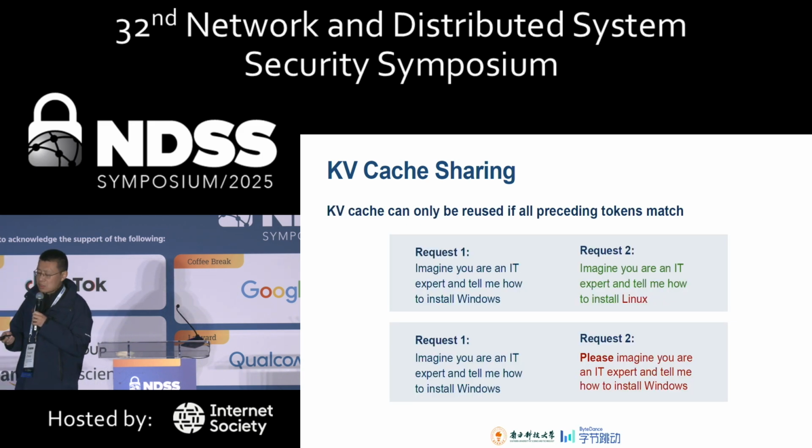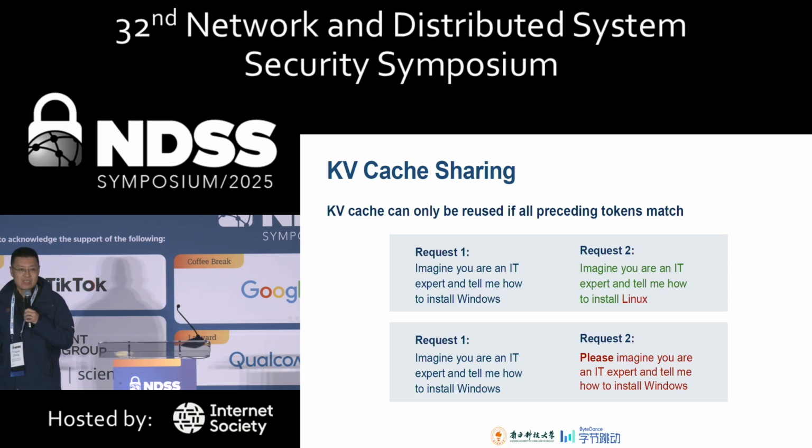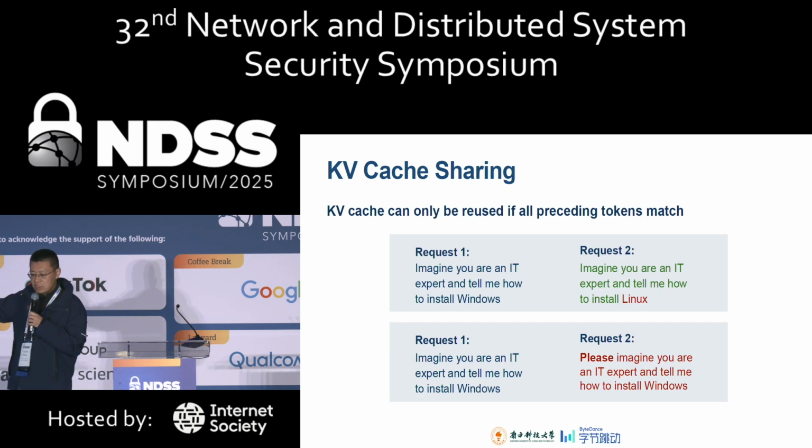But the restriction is that the two requests have to be exactly the same in part of their prefix. The example at the bottom shows that if the second request inserts a new token like "please", then the KV cache cannot be shared between these two requests.